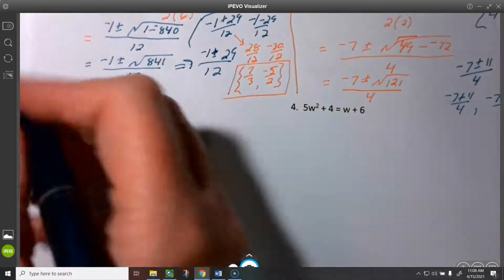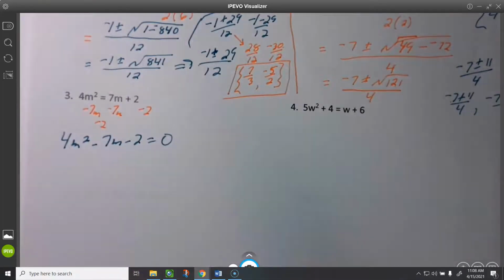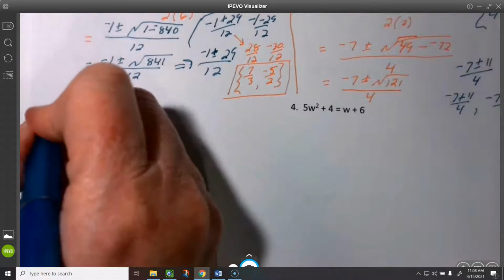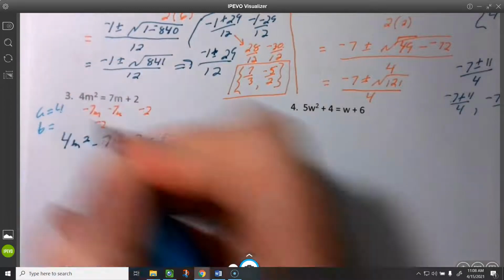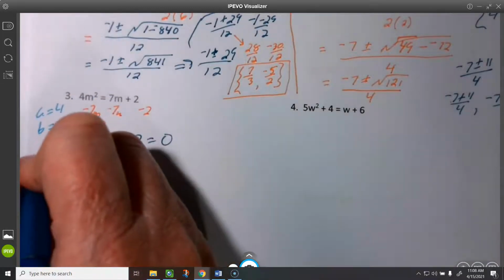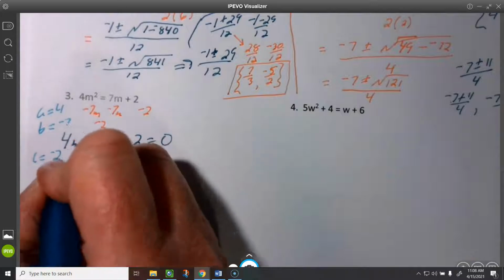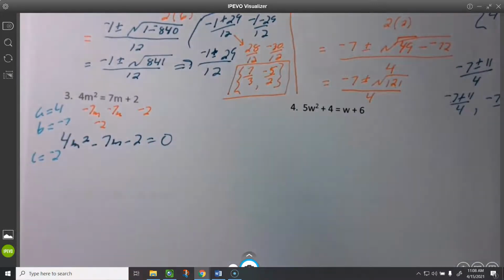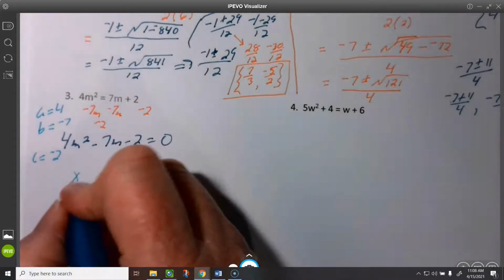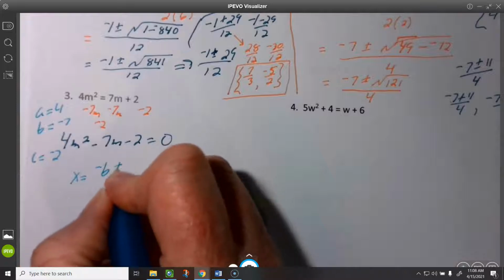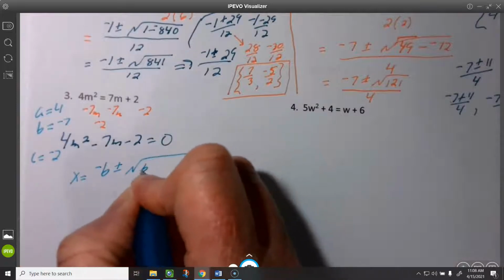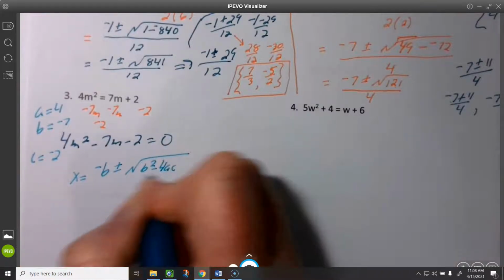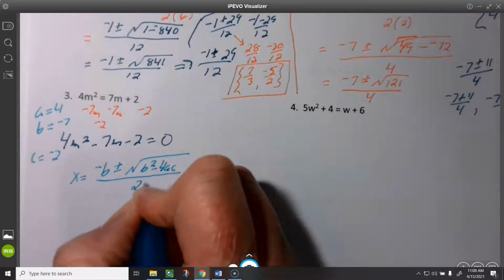Write out what A, B, and C are. So I have A is 4, B is negative 7, C is negative 2. Write down the quadratic formula. Sing it. X equals negative B plus or minus the square root B squared minus 4AC all over 2A.